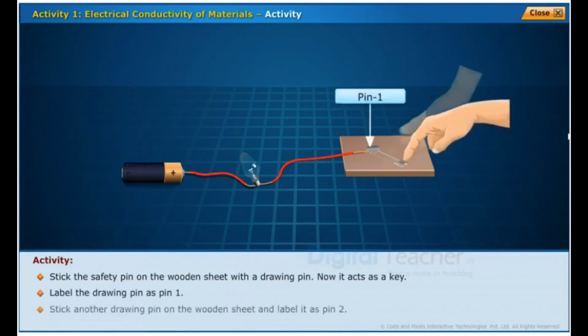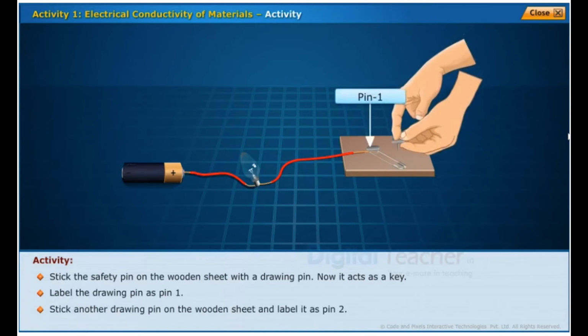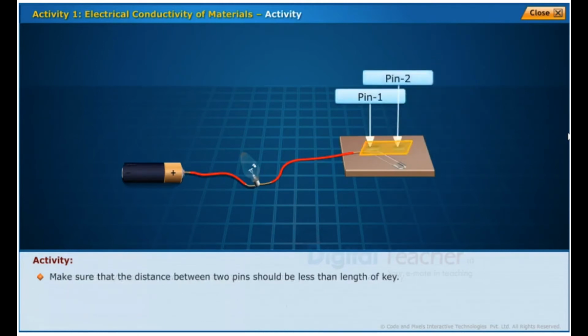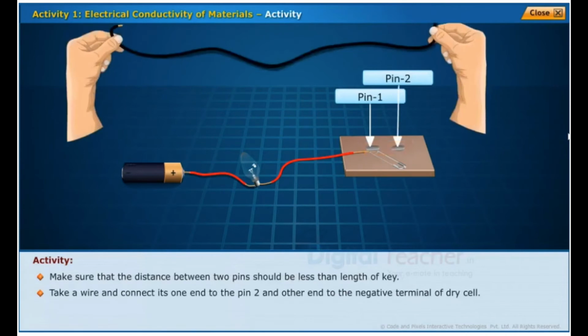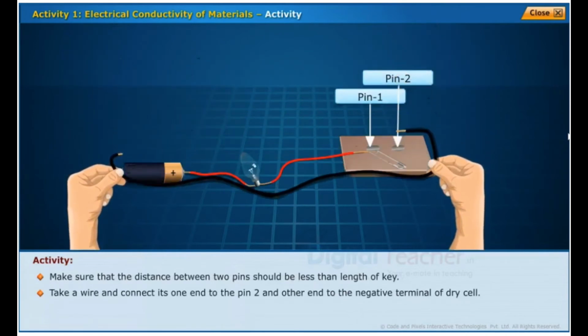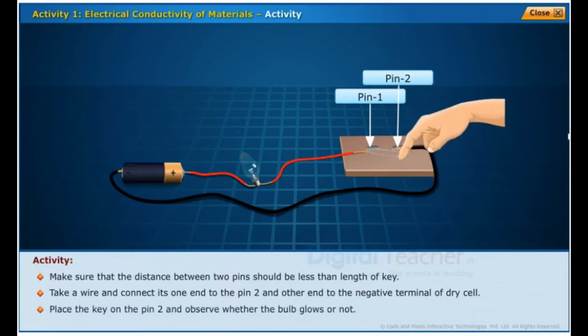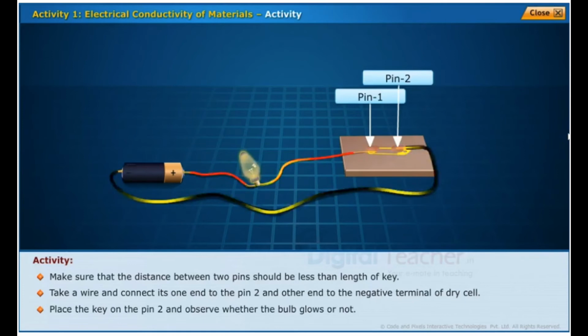Label the drawing pin as pin 1. Stick another drawing pin on the wooden sheet and label it as pin 2. Make sure that the distance between two pins should be less than the length of key. Take a wire and connect its one end to pin 2 and other end to the negative terminal of dry cell. Place the key on the pin 2 and observe whether the bulb glows or not.